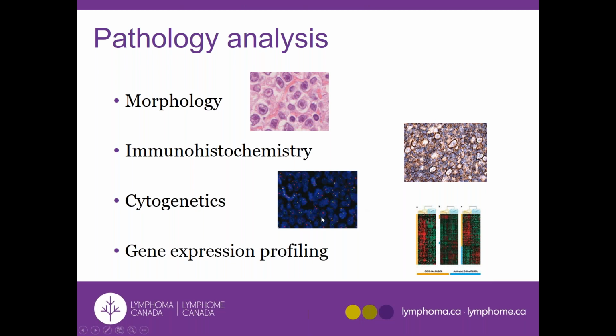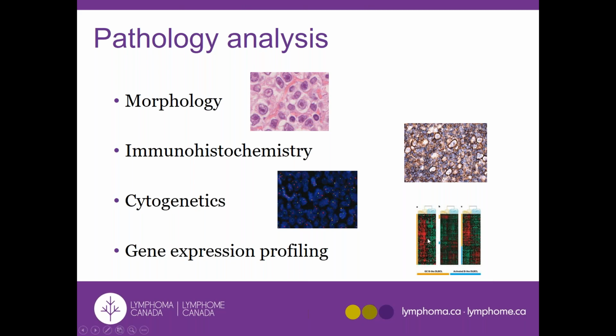They can do genetic tests, and these are not hereditary tests that people pass on from parents to children, for example, but more the genetics of the lymphoma. In particular, mutations can lead to a higher risk or a lower chance of responding to chemotherapy, for example.